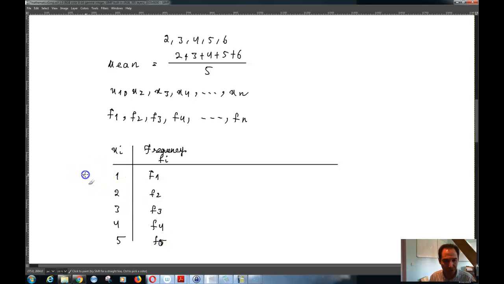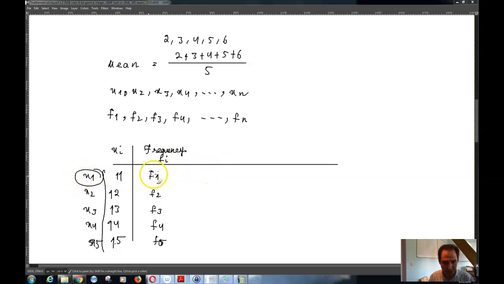If you call these x of 1, x of 2, x of 3, x of 4, and x of 5, of course these could have any other values. For example, this could be 11, 12, 13, 14, and 15. But you need to understand the notation. The notation basically refers to the value of your observations, and the frequency refers to the number of times that particular observation has occurred.